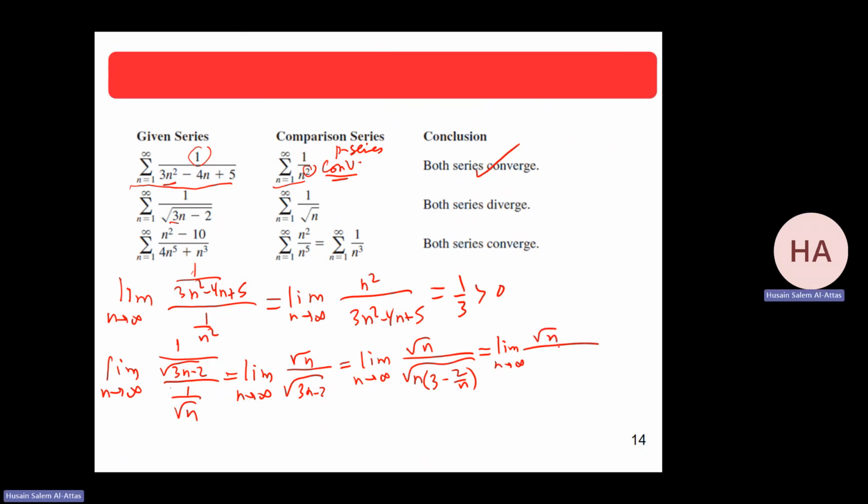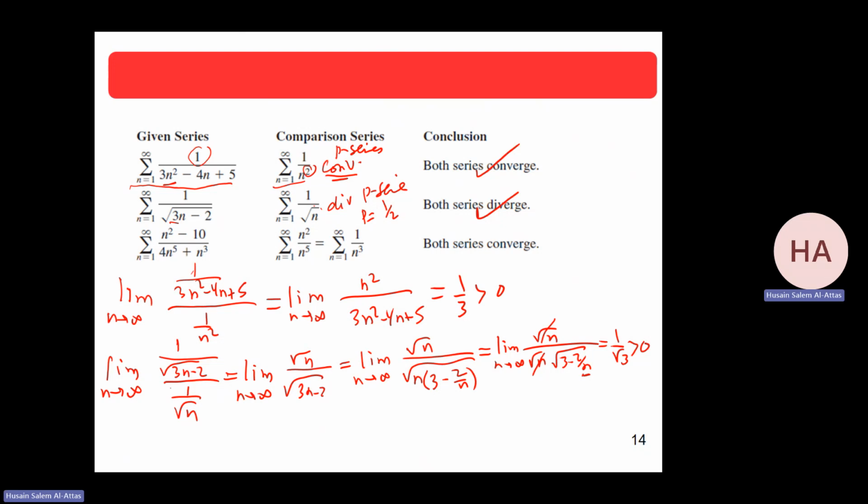You know these tricks for dealing with limits. The square root of n cancels, and 2 over n goes to 0. So I have 1 over square root of 3, which is positive. That's it. And this one diverges, a p-series with p equal to half. So both diverge.